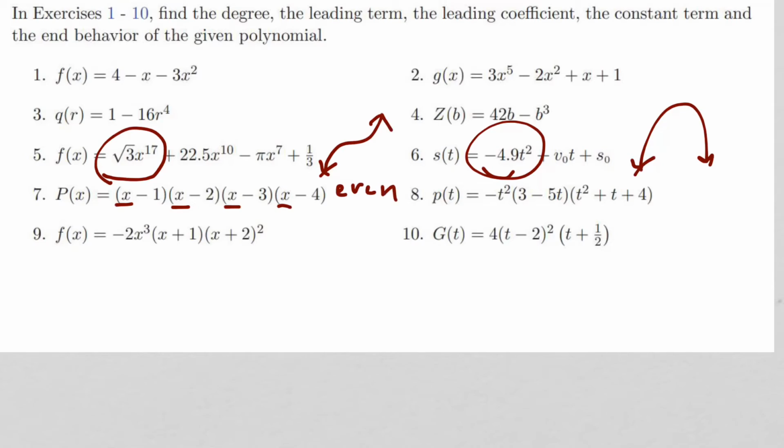This is an x to the 4th function, and my coefficient is 1 times 1 times 1 times 1. So that's an even power positive function. Even positive means my end behavior is going to be up, up. This is for number 7. Up, up, all that from knowing the first term of this function.